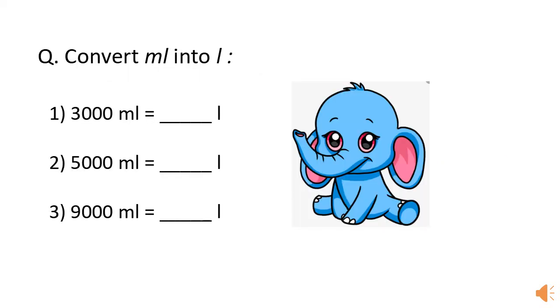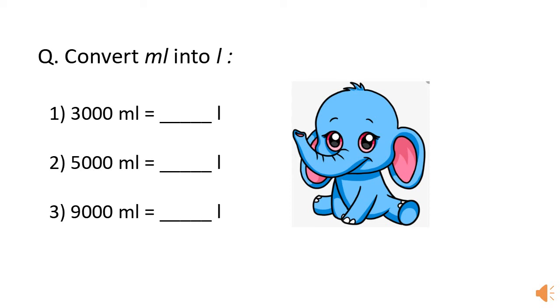Now come to this question, convert milliliters into liters. As you know, 1000 milliliters make 1 liter. So in order to convert milliliters to liters, you will divide the milliliter number by 1000.